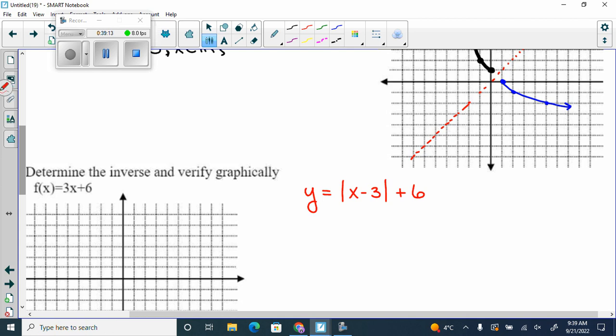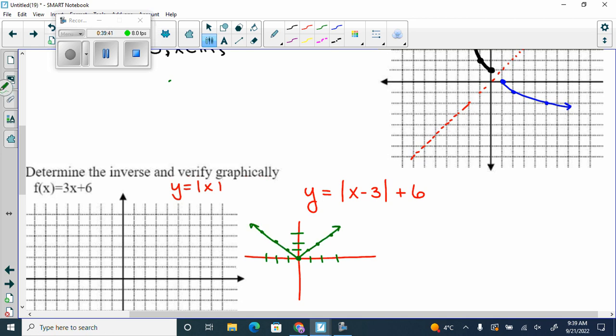Or you can remember that the parent function of y equals x is y equals the absolute value of x. So it actually looks like this. My x's all become positive, so it's just 0, 0, 1, 1, -1, 1, 2, 2, -2, 2, 3, 3, -3, 3.